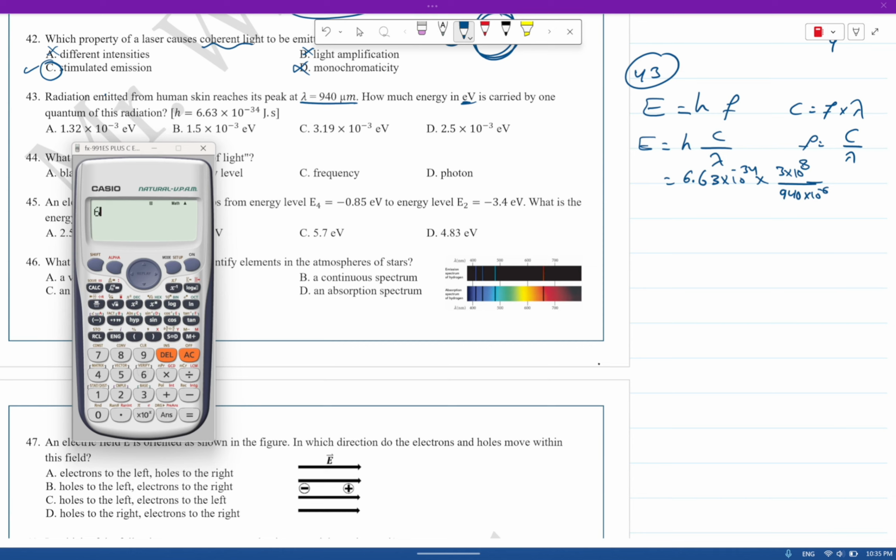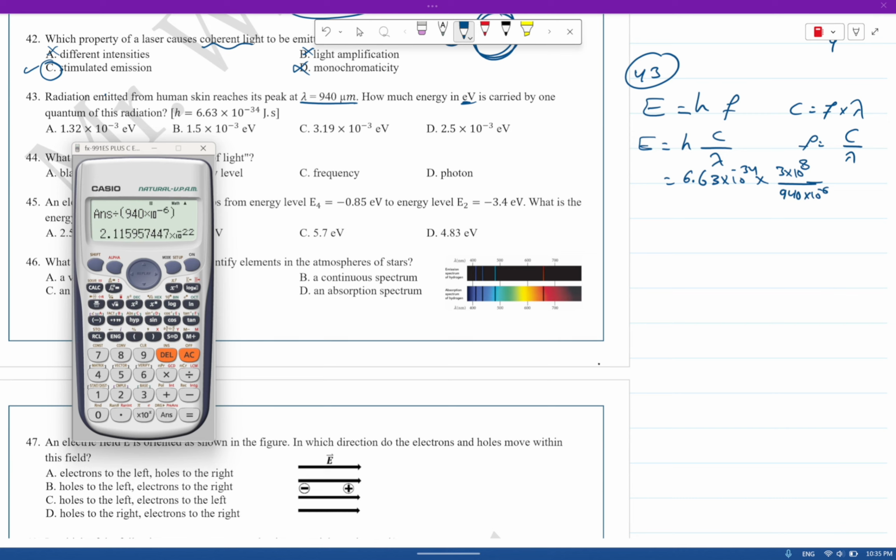So 6.63 times 10 to the power negative 34 multiplied by 3 times 10 to the power 8. You can press equal, then divided by 940 micro, which is 10 to the power negative 6.